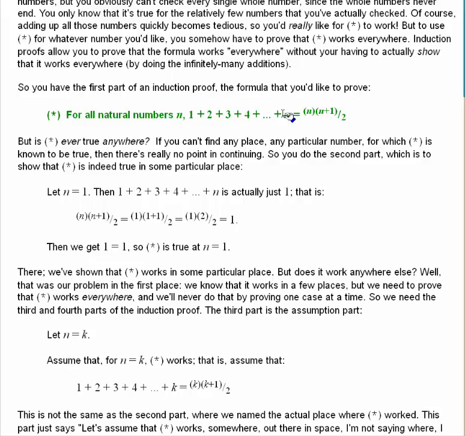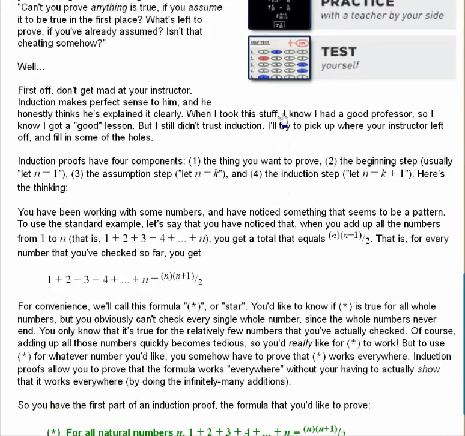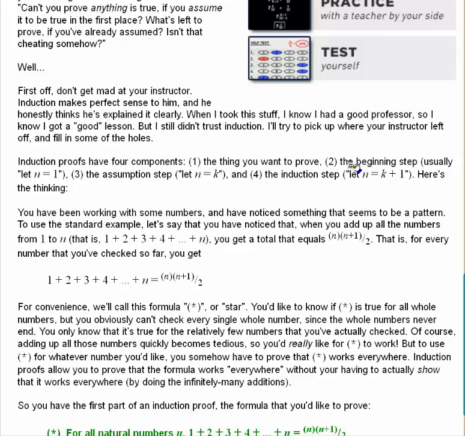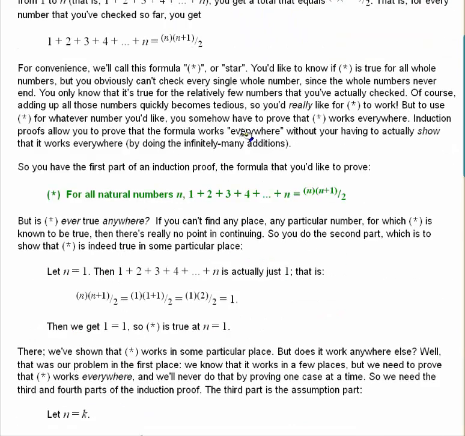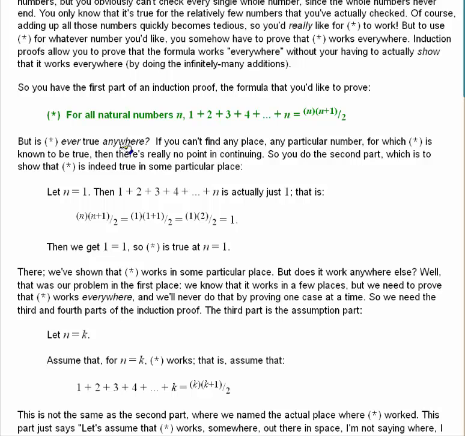Okay? Now, if you recall up here, I said there were 4 components. Next is the beginning step, or what I call the base case. All right. Question. So we want to know whether this is true for every n. First of all, it should be true for at least one n. Well, in fact, if you try n equals 1, it works. If n equals 1, there's only one term on the left-hand side, which is 1.